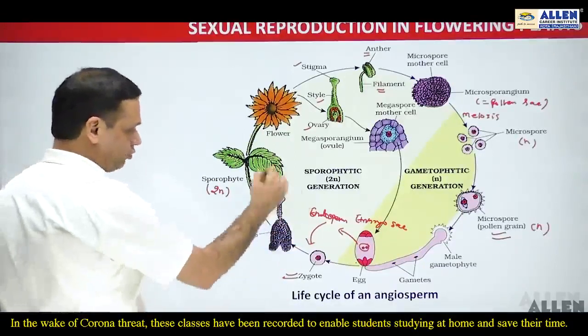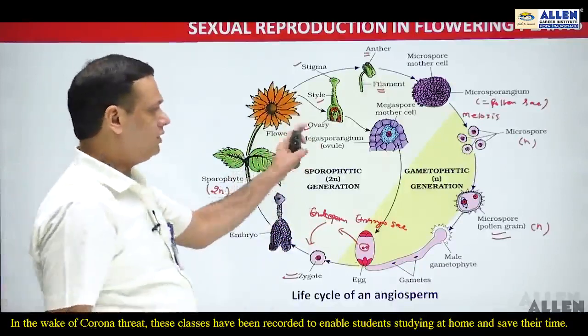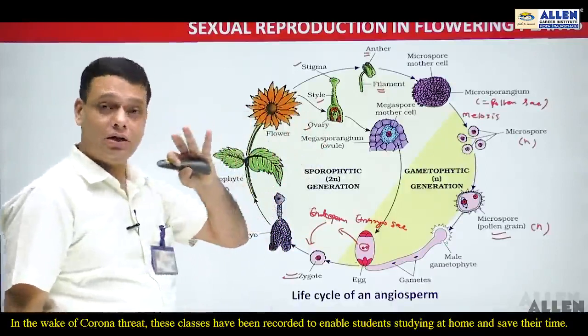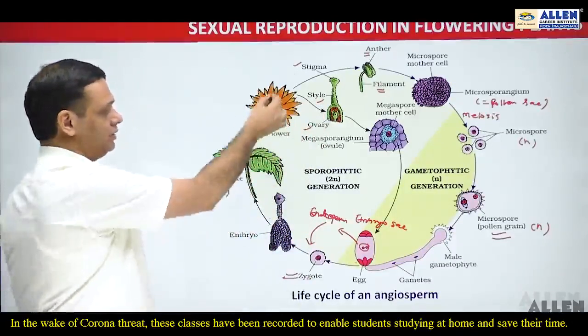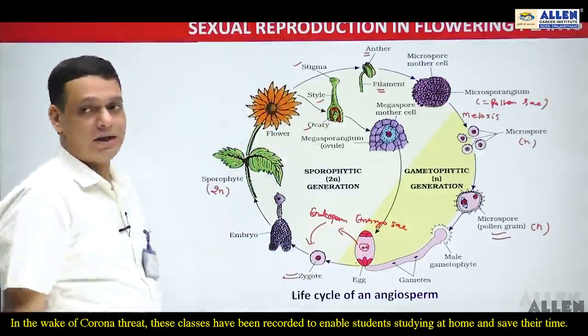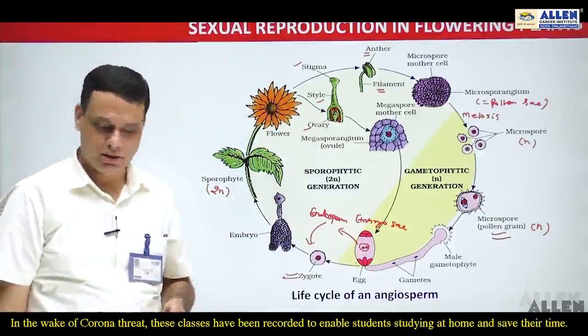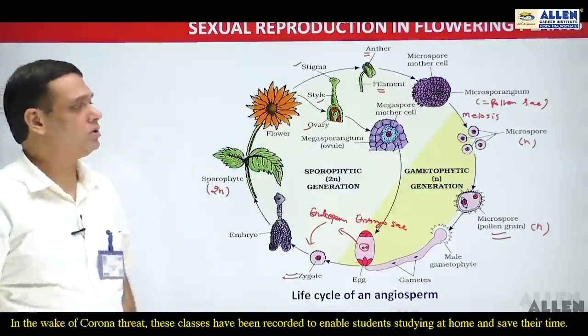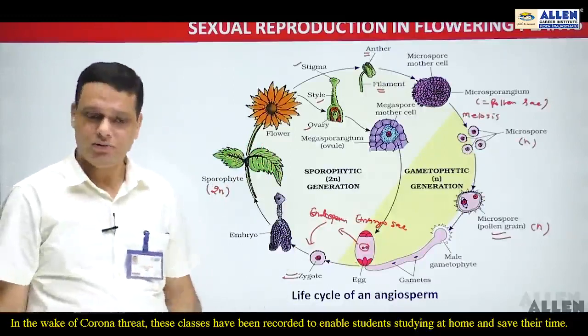So this embryo is formed, and when the embryo is formed inside the ovule, that ovule is termed as the seed. When that seed germinates, finally the complete plant body, that is the sporophytic diploid plant body of the angiosperm, is formed. So this is all about the post fertilization events in flowering plants.